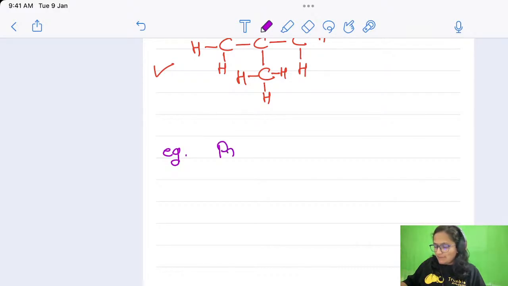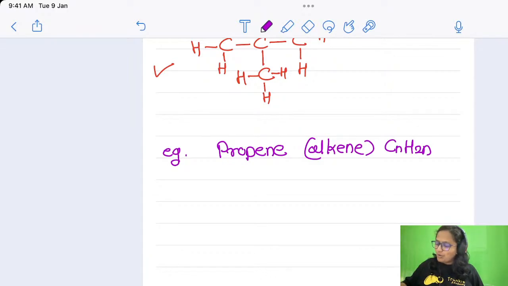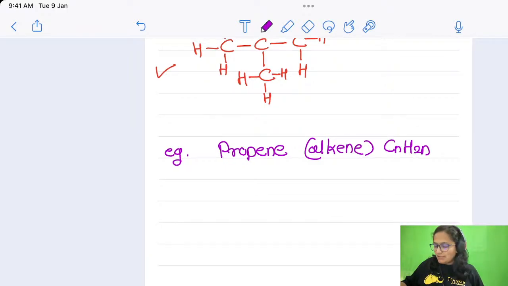The name of this alkene is propene. So this is an alkene. An alkene has at least one carbon to carbon double bond. The general molecular formula for an alkene is CnH2n, where n is the number of carbon atoms, right? So prop stands for n equal to 3, there are 3 carbon atoms.